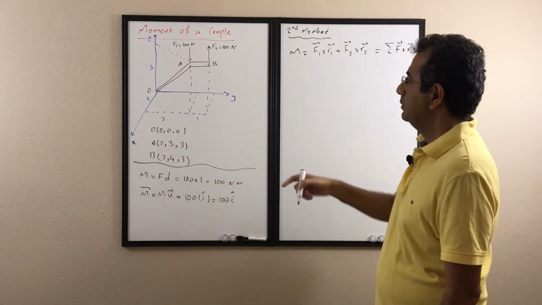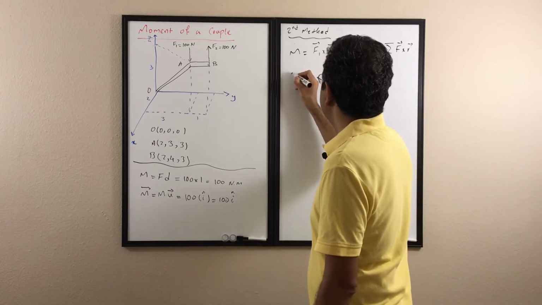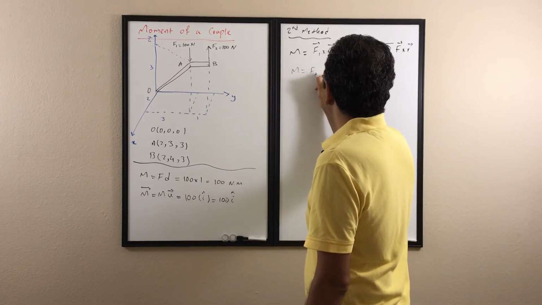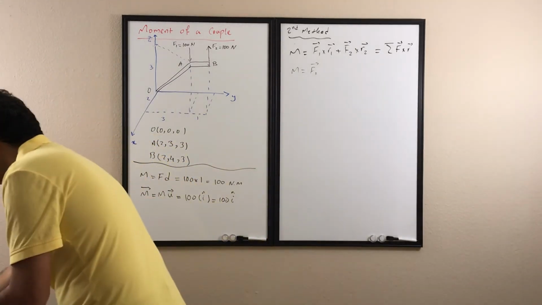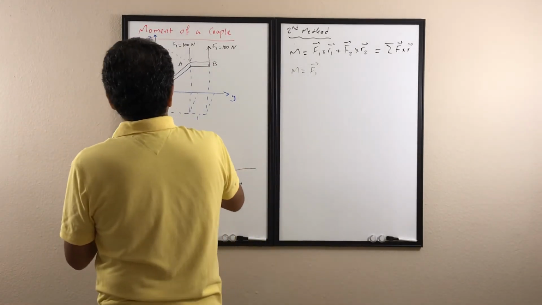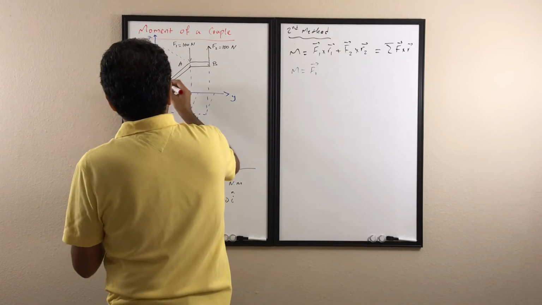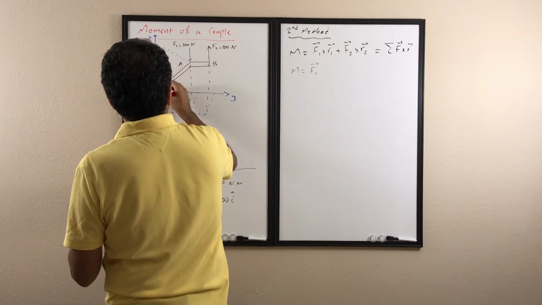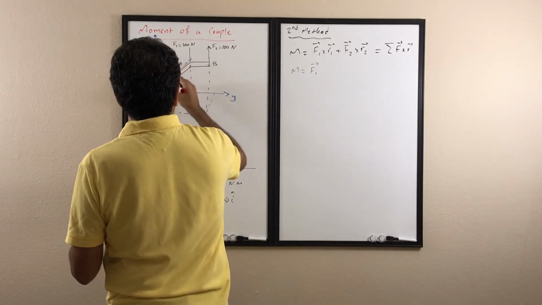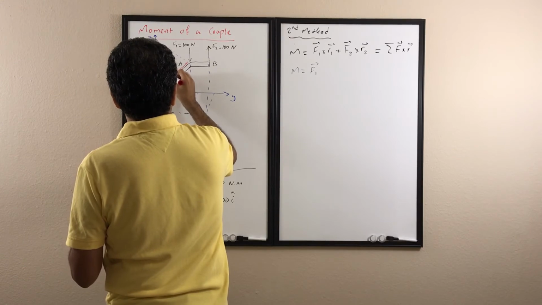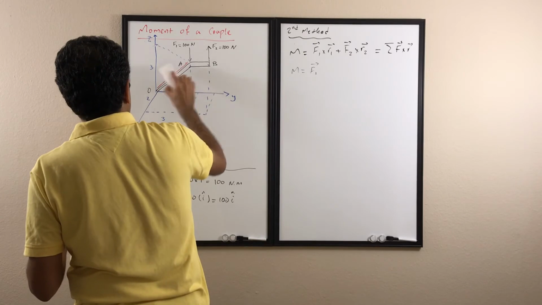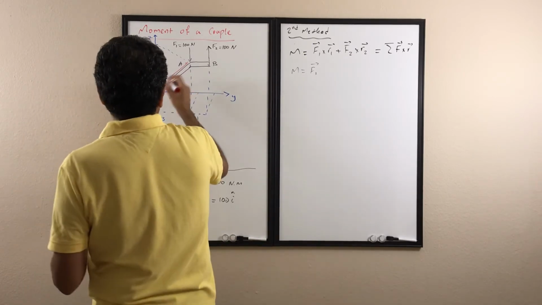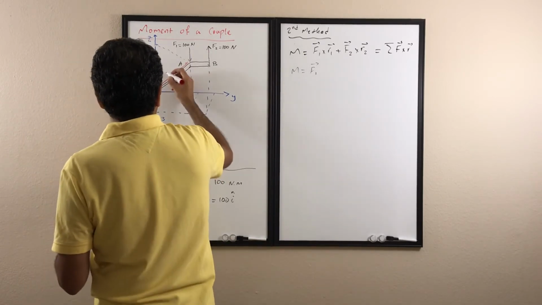So I calculate the moment of each force with respect to a given point. In this case, M is F1 and R1, the position vector. The position vector for F1 is this one, going from O to A. Remember, the position vector can go to anywhere on the line of action, so it doesn't matter where.